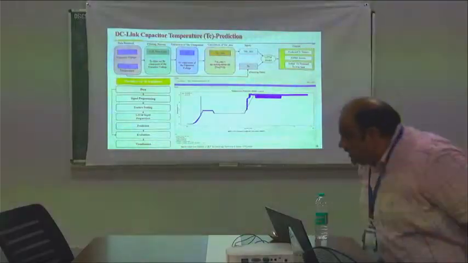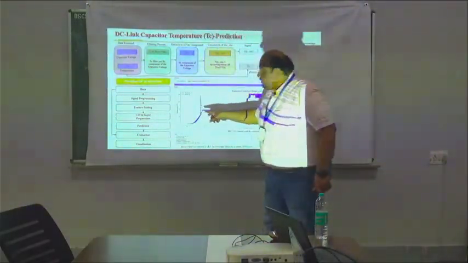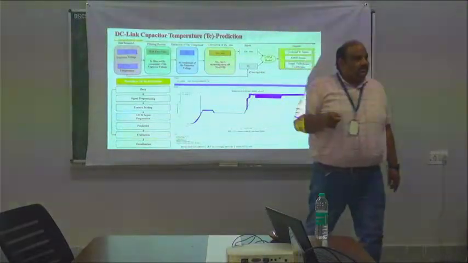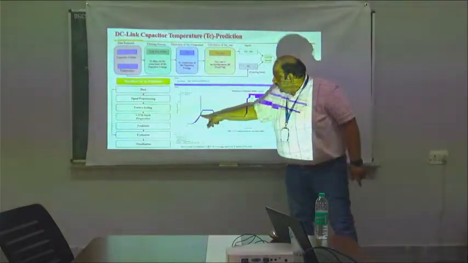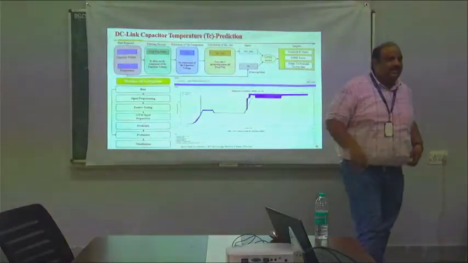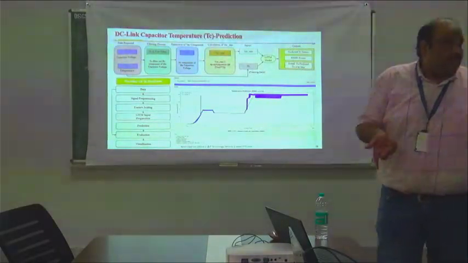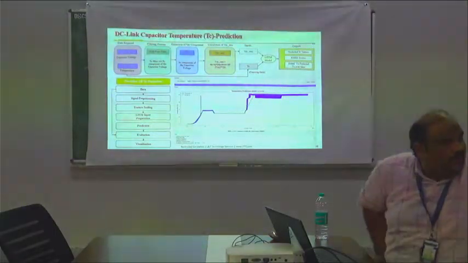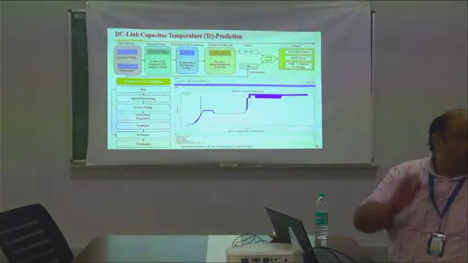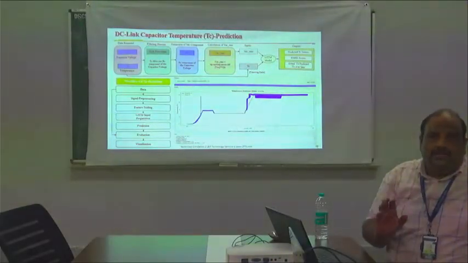No, this is the prediction, that is what I am saying. This blue line is the prediction. At this particular intended operation we predicted it has gone bad, but in the actual scenario it has not, because the mathematical equation doesn't know what is sudden or not sudden. So the predicted value has gone bad, but not the actual. The actual doesn't have that huge spike. Temperature will not rise at an overshoot.